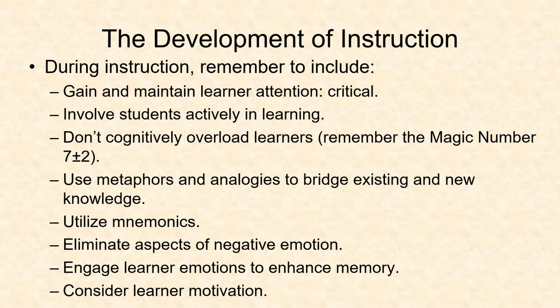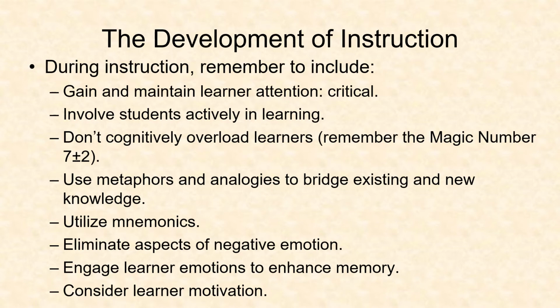The actively involving of students in learning is critical to support their development of schema. So get them actively involved, which can be a challenge in many cases when you're switching from a traditional in-class, face-to-face, in-person mode of teaching to technology-based training.